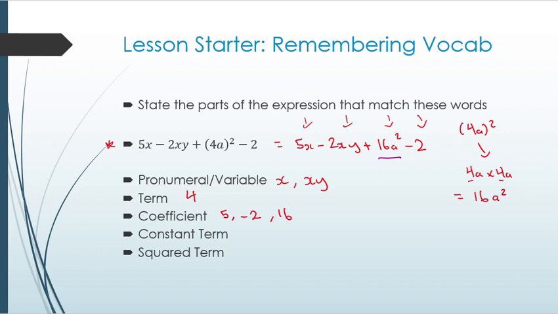Constant terms are just numbers that are by themselves. As you can see here, the only number that's by itself is -2, so you would write -2 here. And a squared term, you know what squaring is, so I reckon just put in the number in front, or you can put the letter combo. In this case, it'll be 16a squared.